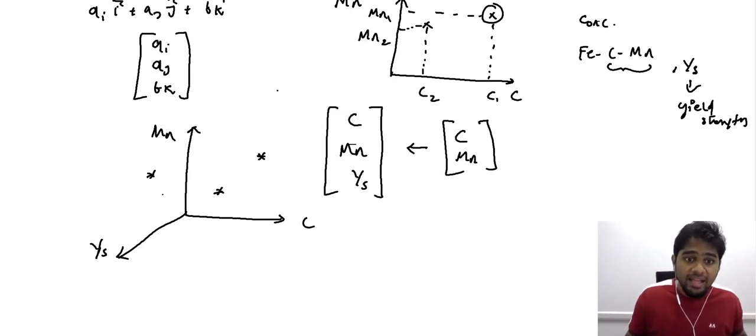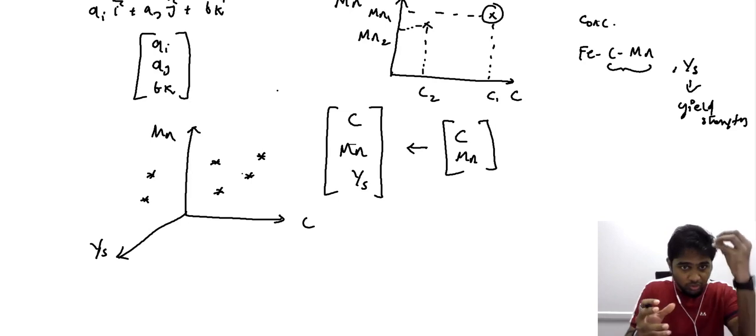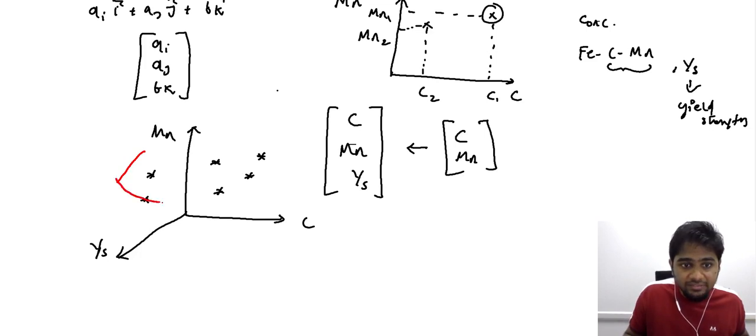Now, when we have a sufficient number of such points, wherein we have related both the concentration and yield strength, it is possible for us to fit a surface that includes all these known data points.